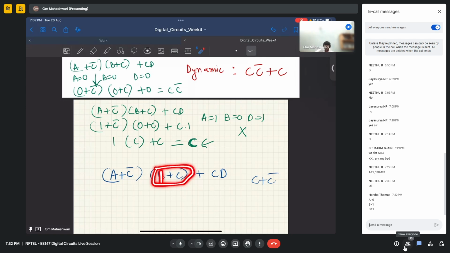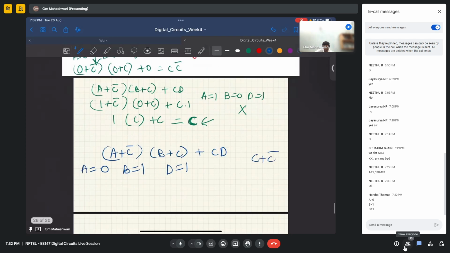So if B is 1, this whole part will become 1. So if we have A equals to 0, B equals to 1, and D equals to 1, then it will be 0 plus C bar, 1 plus C plus C into 1.